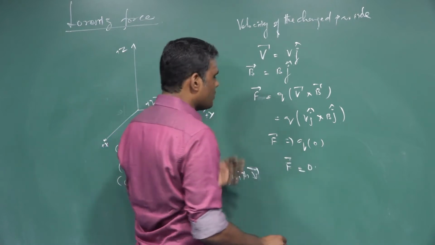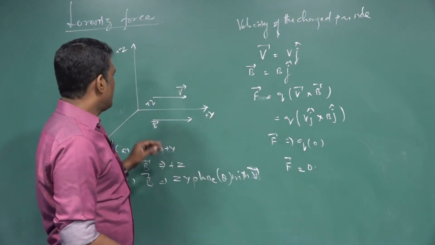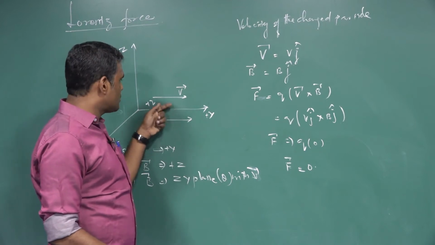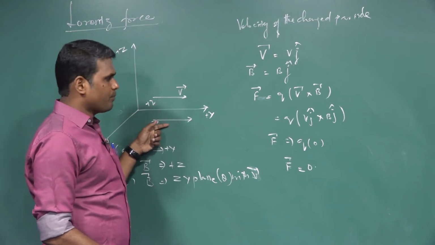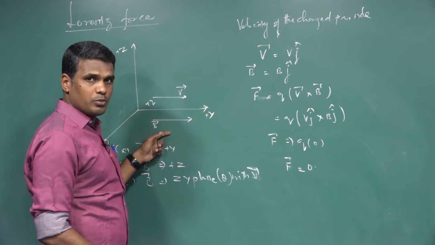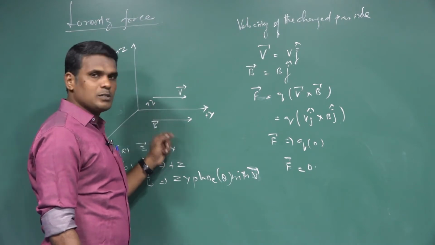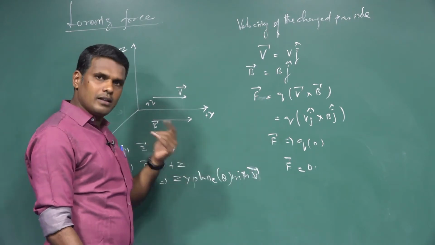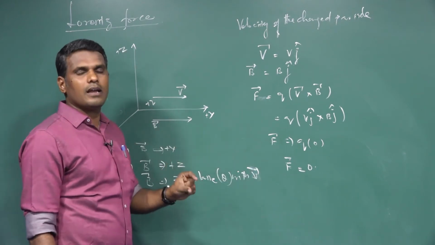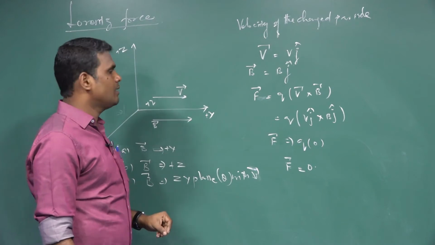So what do you understand from this? This is the very first result. When a charged particle moves parallel to a magnetic field, the magnetic Lorentz force experienced by the charged particle is 0, or you can say no magnetic Lorentz force acts on the charged particle.